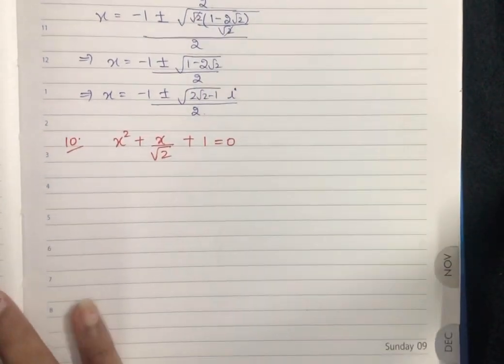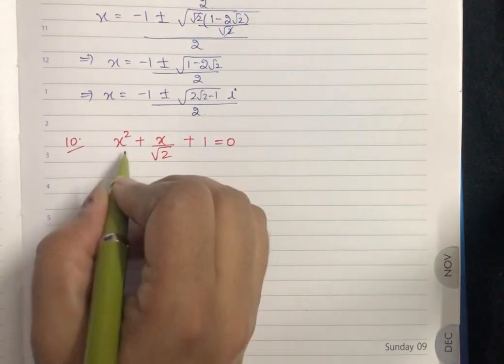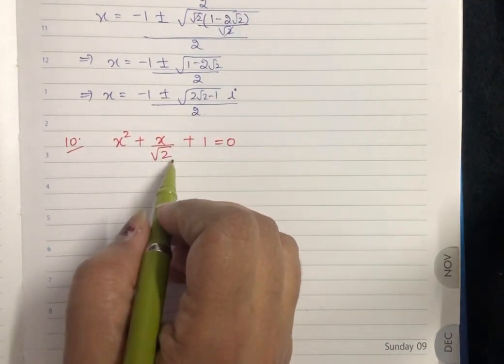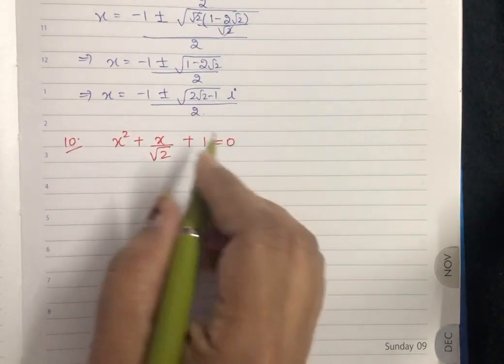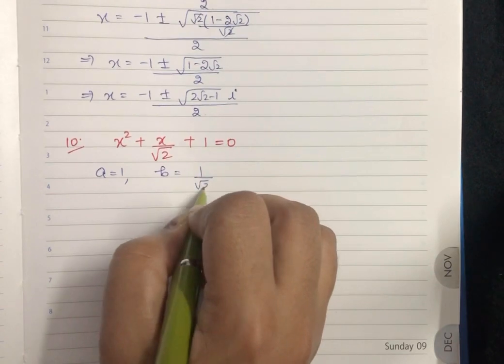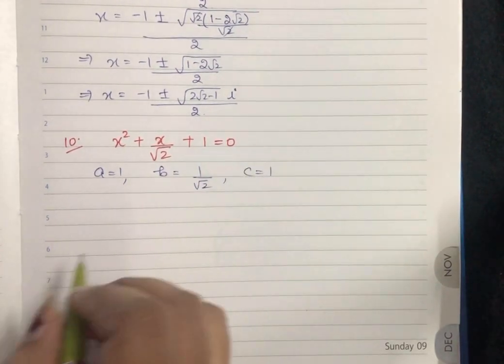Then the last question, 10th. Here the equation is x square plus x by root 2 plus 1 equal to 0. So here a is 1, b is 1 by root 2 and c is again 1.